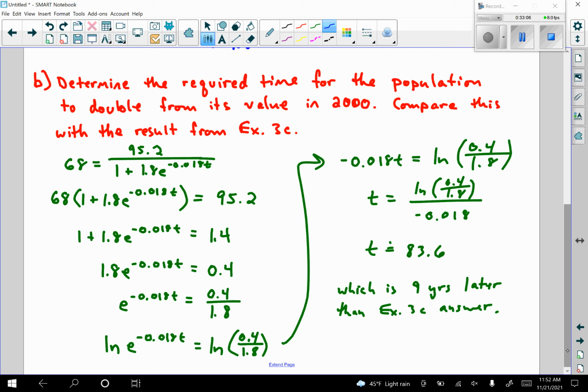So that's why this is going to look to be 9 years later than what we saw in example C, because example C assumes that a trend is going to continue. So graphically, it's going to be a slightly different graph than this logistic model, which is more applicable to this type of situation.